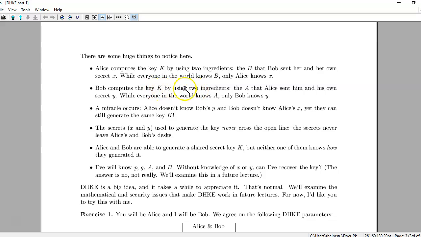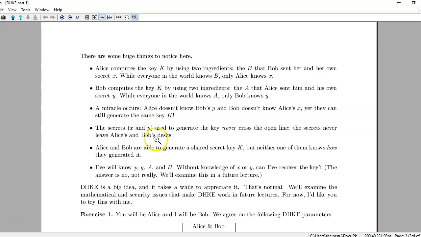He computes the key using only 2 ingredients: the A that Alice told him and his own secret Y. Everybody knows A, even Eve, but only Bob knows Y. So even though Alice doesn't know Bob's Y, and Bob doesn't know Alice's X, they can still generate the same key. That's, to me, the amazing part.